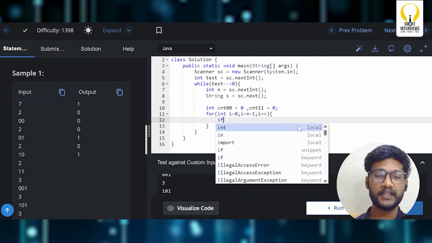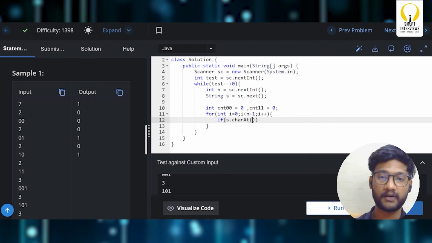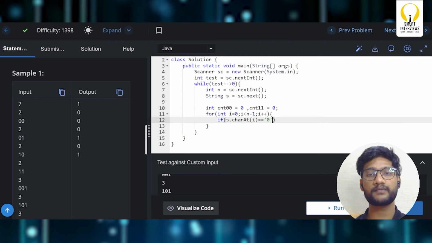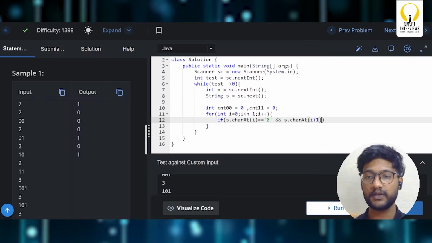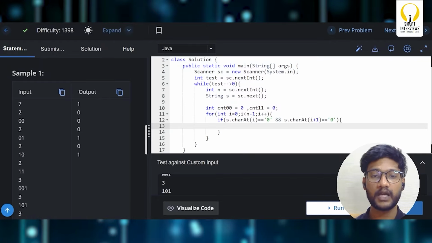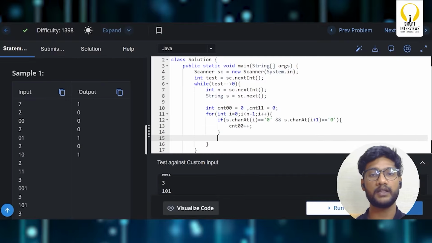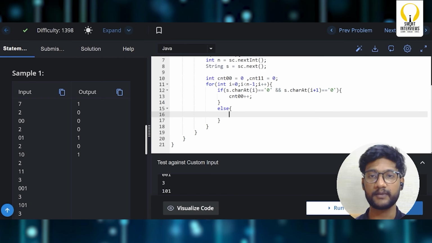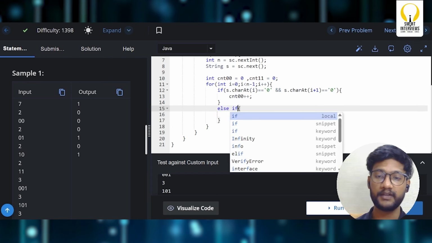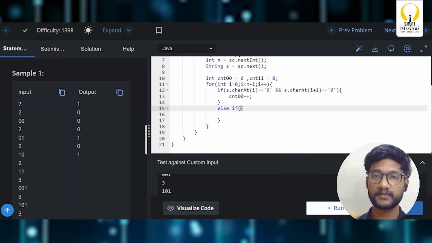Now if s.charAt(i) equals 0, and if s.charAt(i plus 1) is also equal to 0, I'll simply increment the count of 00. Else, we check the same condition for 1: s.charAt(i) should be equal to 1, and also s.charAt(i plus 1) should be equal to 1.